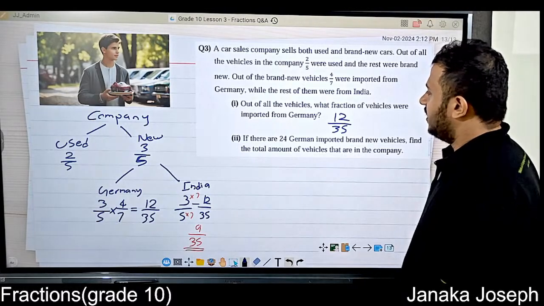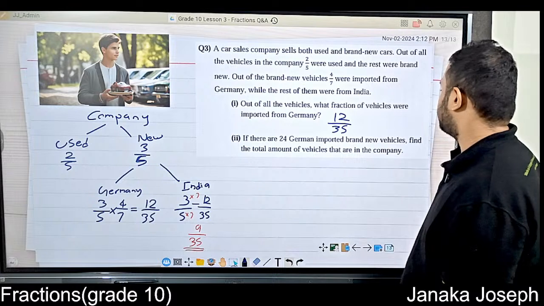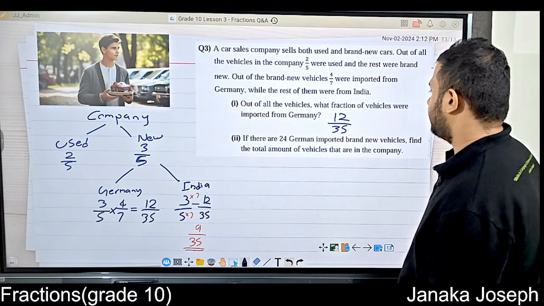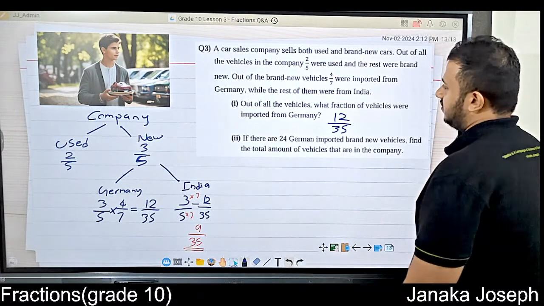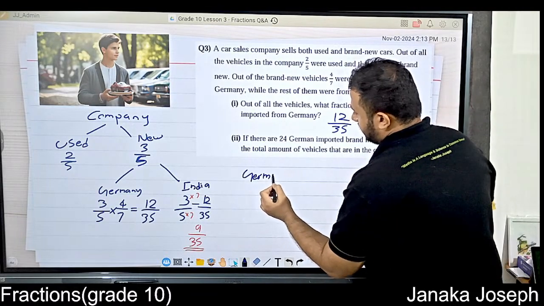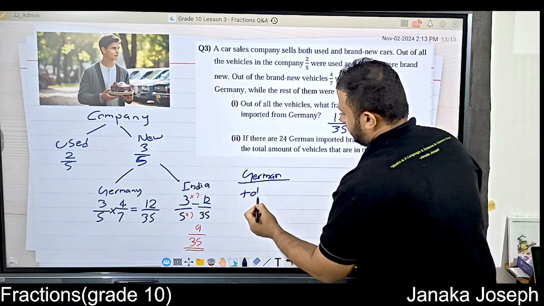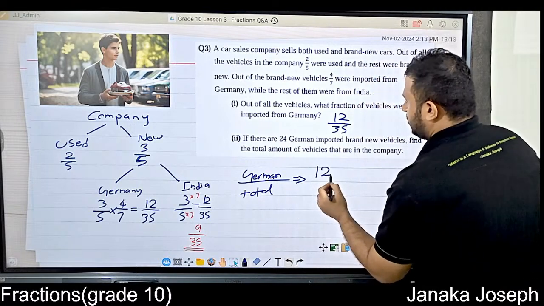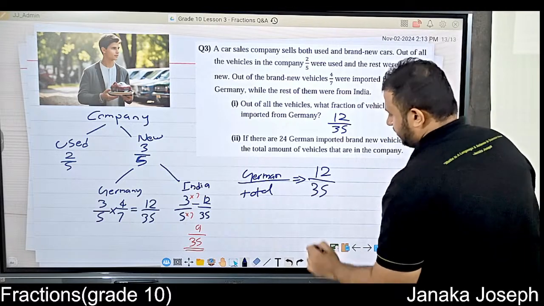If there were 24 German imported brand new vehicles, find the total amount of vehicles that are in the company. So we know German out of total, what is that fraction? German out of total fraction was 12 out of 35.